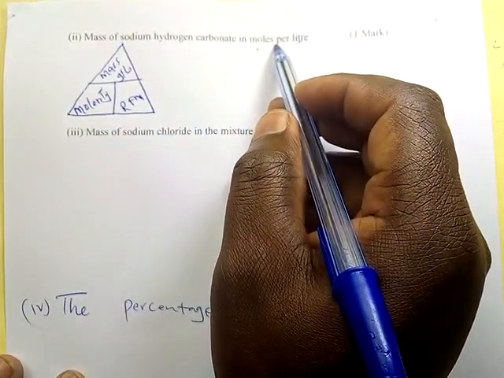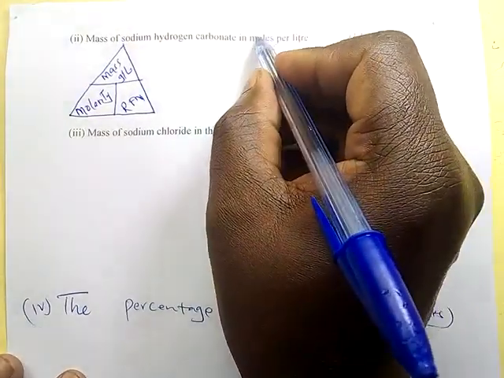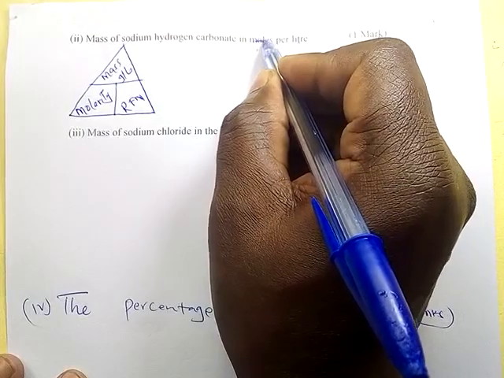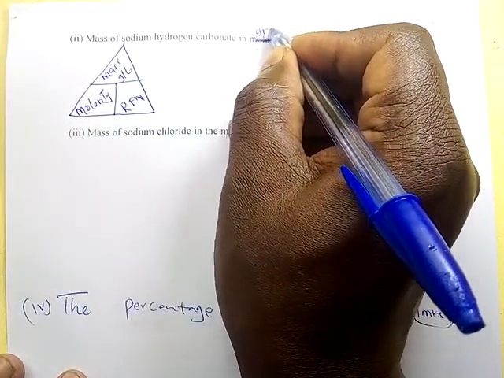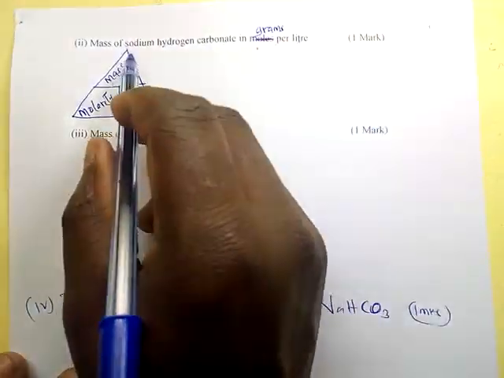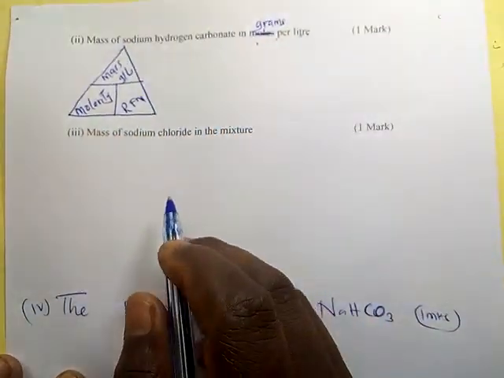Mass is measured in grams. So we want mass in grams per liter.